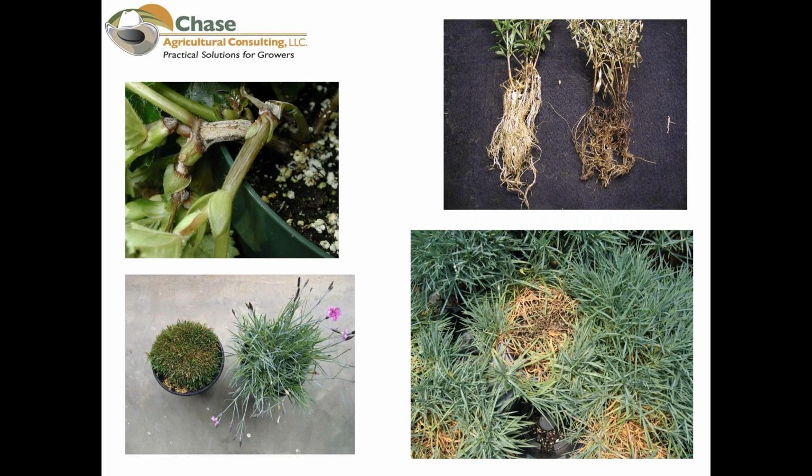All you can really tell is that you have a pathogen. The bottom slide shows one of the most common diseases on many types of dianthus, which is a crown rot. It's very common with Fusarium in this case. And then finally, in some cases, all you'll see is a major stunting of the plant. The healthy plant on the right side here versus a stunted one, and this again is Fusarium.